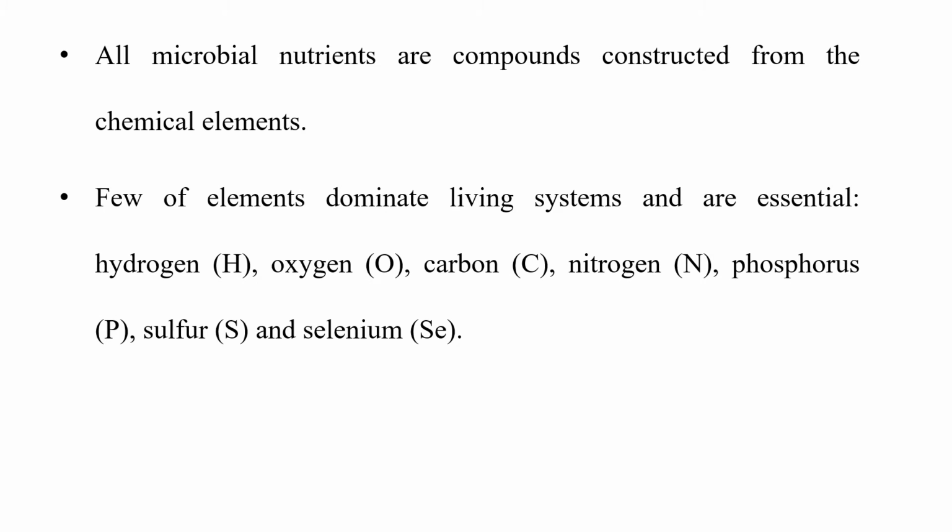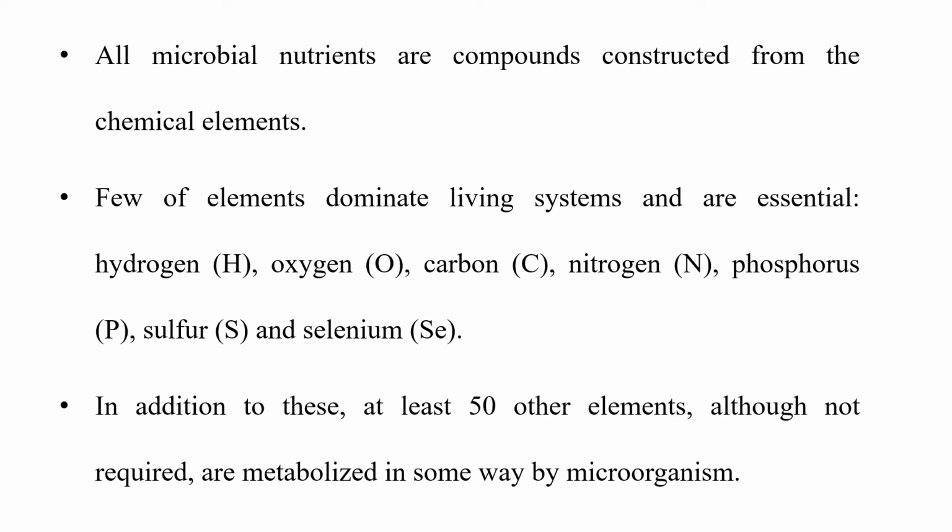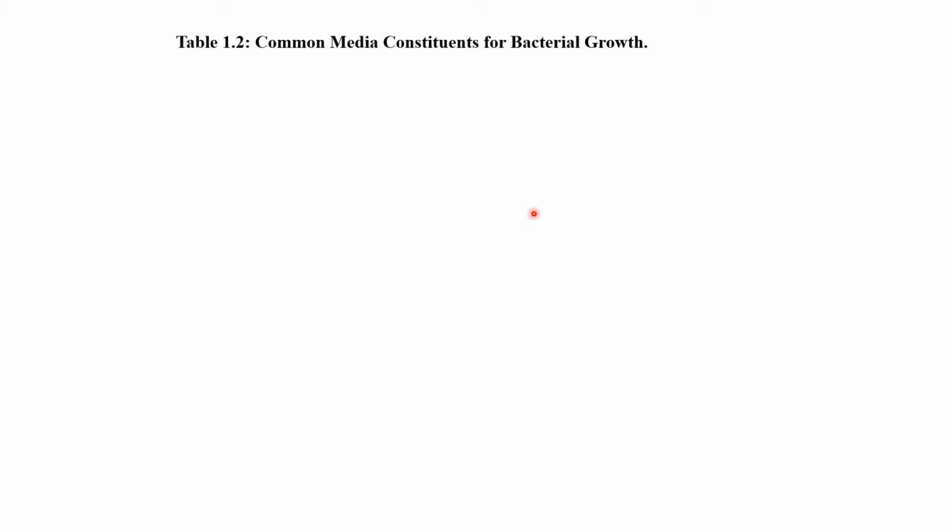Some elements are required in larger amounts, for example hydrogen, oxygen, carbon, nitrogen, phosphorus, sulfur, and selenium, which dominate. They are also known as the essential nutrients. In addition, 50 other elements, although not required, can be metabolized by microorganisms. Now let's discuss the common media constituents for bacterial growth.